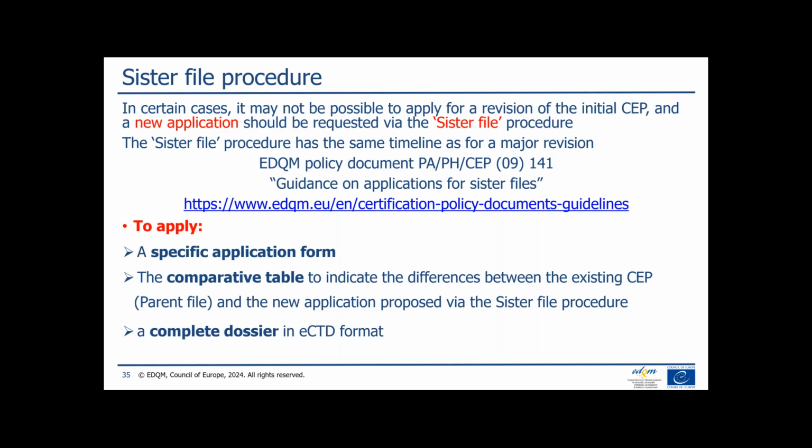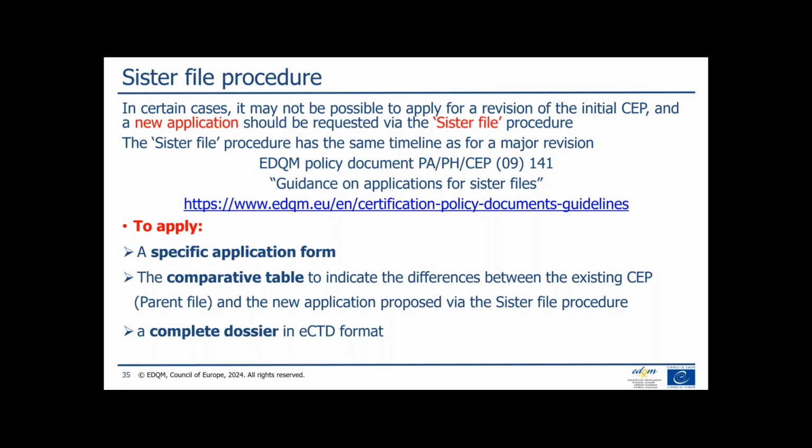Although you apply here for a new certificate, which is a sister certificate, a sister file, there should be a comparative table submitted, which should highlight the differences between the existing CEP, the existing process, which is called the parent file, and the new application proposed, the modified process from the sister file procedure. And the whole complete dossier should be submitted.